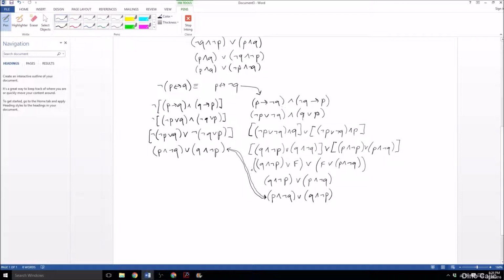Sometimes you actually have to do both sides in order to go ahead and verify that the two statements are, as a matter of fact, logically equivalent. We could continue on and get back to these stages, but for right now, we're just going to go ahead and leave it off right here, since this satisfies the definition of logical equivalence.